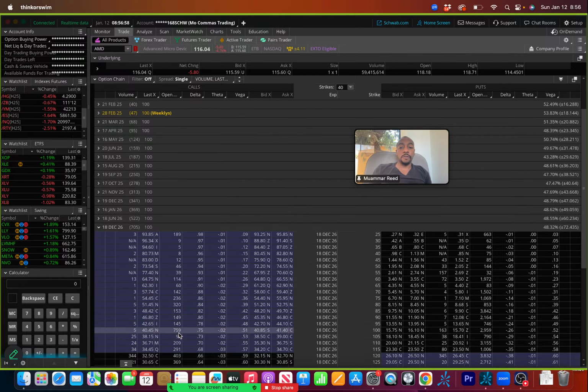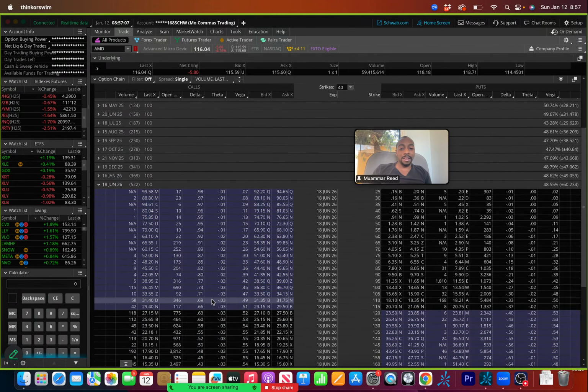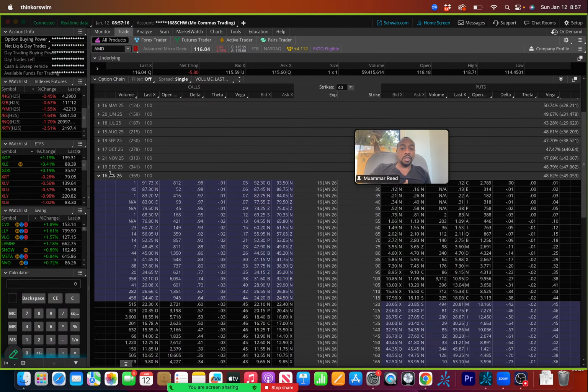So if you wanted to go further out, you can take the December 18, 2026 100 strike, especially if you really believe in NVIDIA or semiconductors or AMD over the next couple of years. The June 18th, you could potentially take the 100 strike, a little less liquid, but I like the January 16th, which gives us an entire year.